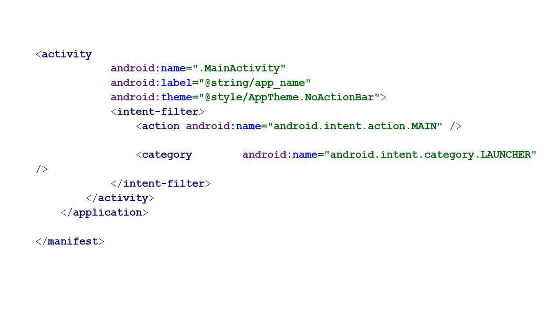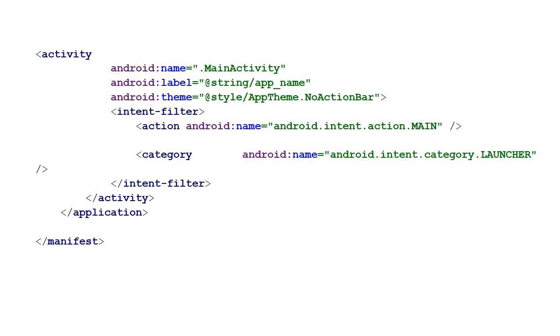Then the category android:name is equal to android.intent.category.LAUNCHER, which defines that this application is added to the application directory on the Android device.